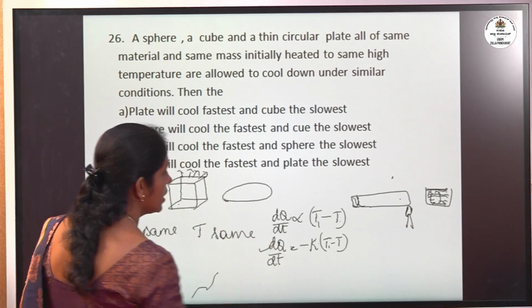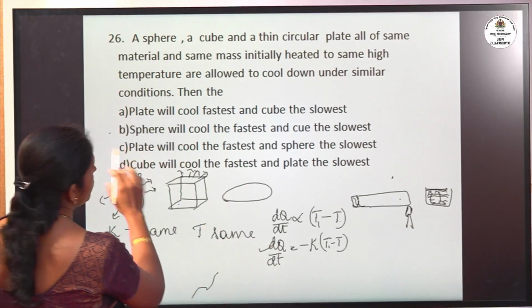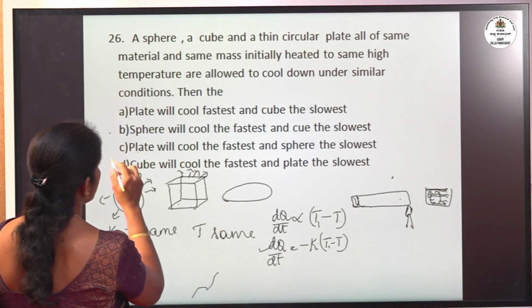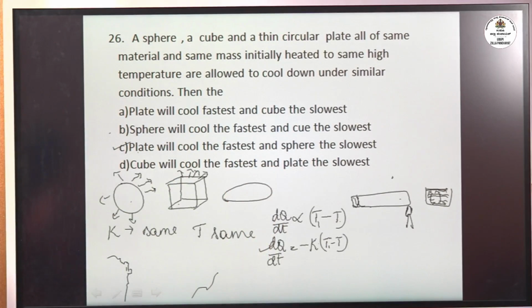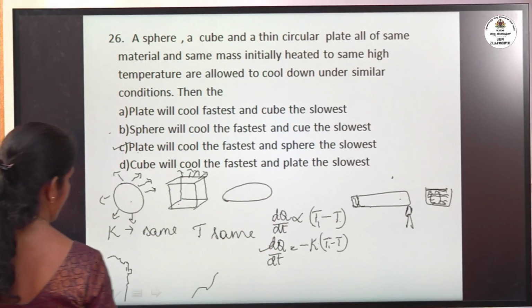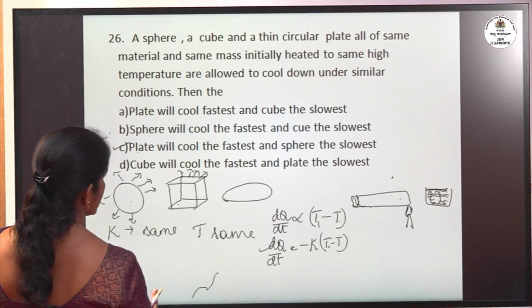Therefore, cooling is faster for larger area. Plate will cool the fastest and sphere the slowest. Option C is the correct answer. Let us go to the next question.